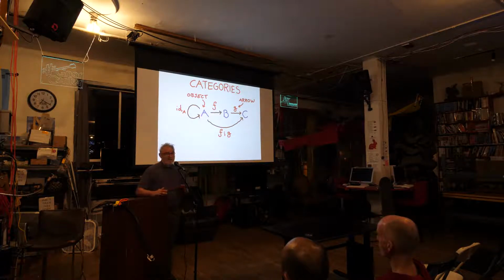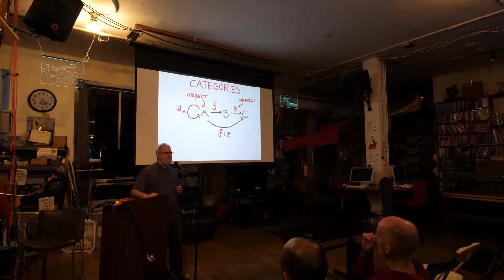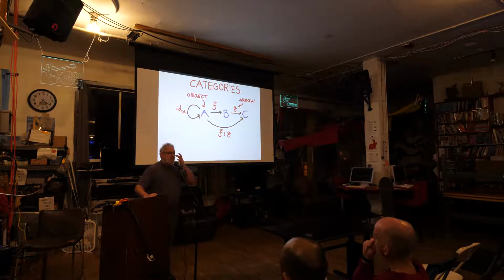I've just said this is an object A. The obvious model that you probably have in mind is A is a set of things, and B is a set of things, and F is a function that takes elements of A to elements of B. That is indeed an example of a category, but there are some categories so general that you can't talk about whether there are things in A. If there were things in A, what you said is exactly right, but you don't necessarily even have things in A. Good question.